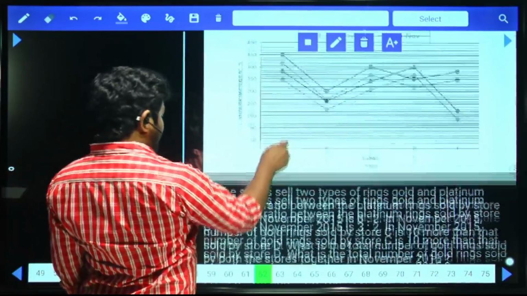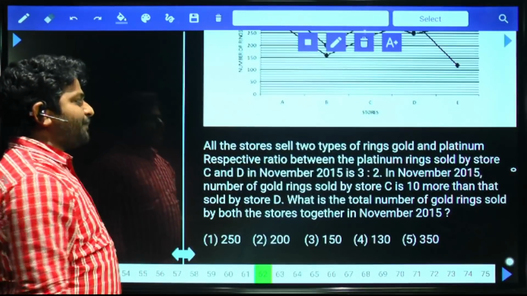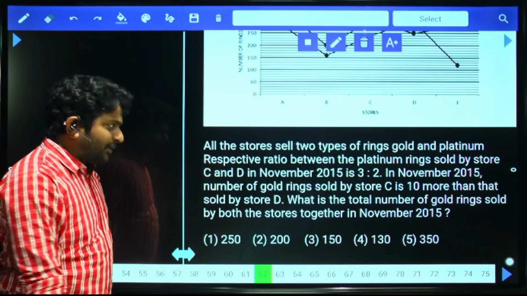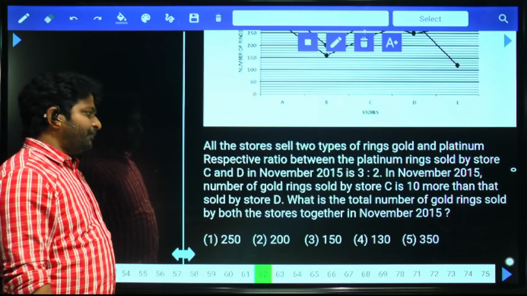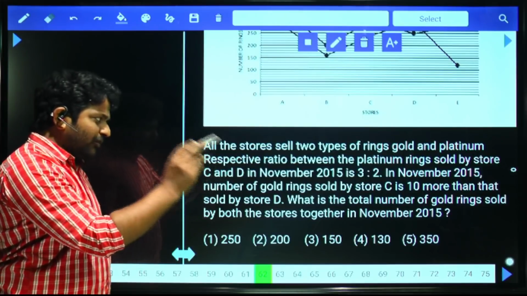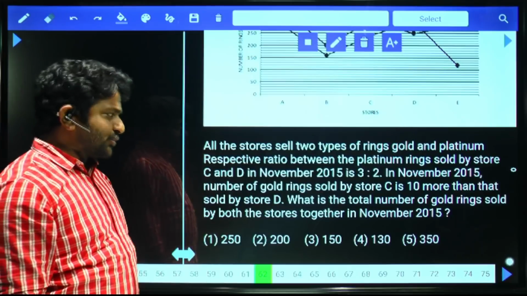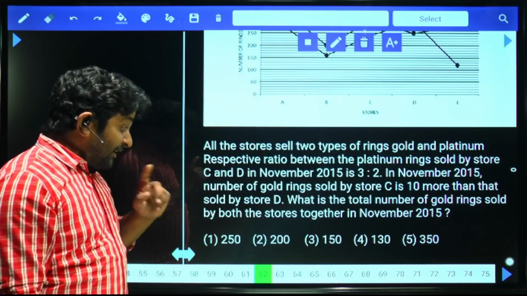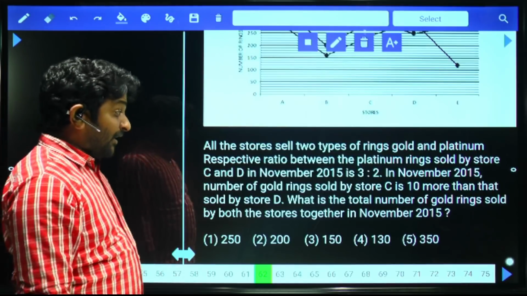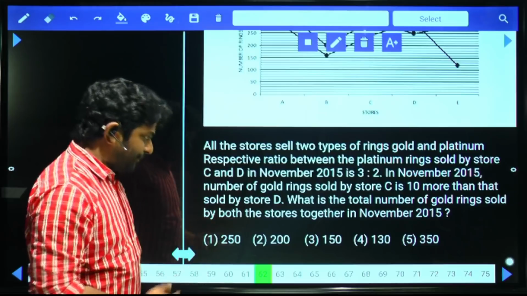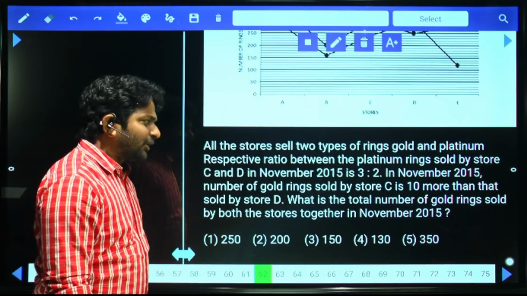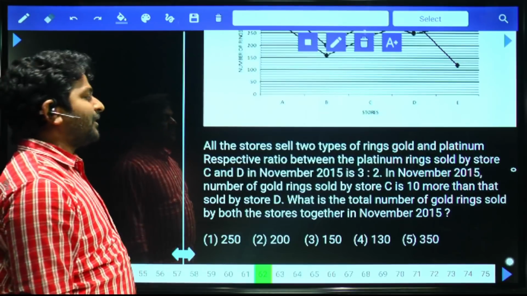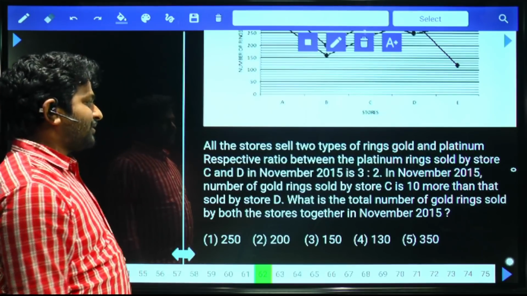Question 62. All the stores sell two types of rings, gold and platinum. The ratio between gold rings sold by stores C and D in November 2015 is 3:2. In November 2015, the number of gold rings sold by store C is 10 more than that sold by store D. What is the total number of gold rings sold by both stores together in November 2015?